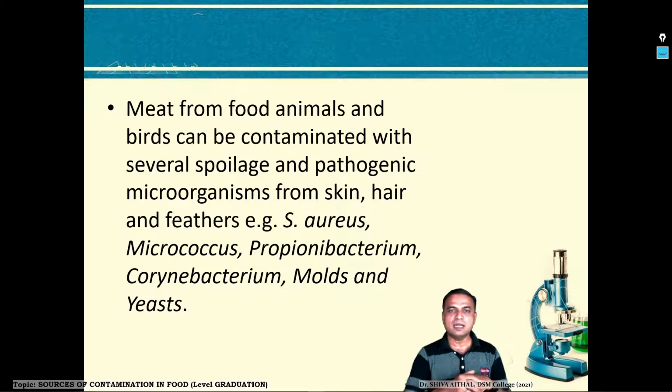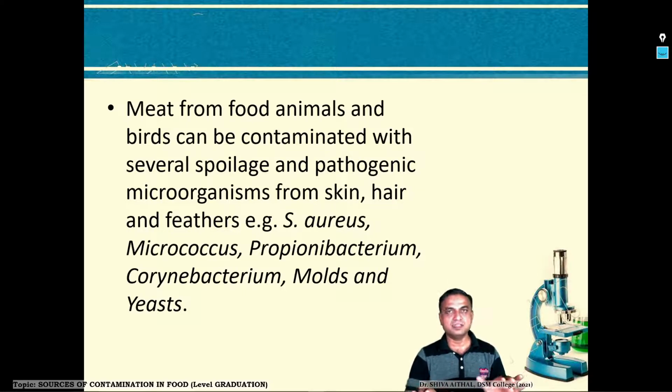Meat from food animals, that is the livestock and the birds or the seafoods, can be contaminated with different types of spoilage and pathogenic microorganisms from various organs or body parts like skin, hair, feathers, etc. And predominantly Staphylococcus aureus, Micrococcus, Propionibacterium, Corynebacterium, molds, pathogenic yeasts like Candida, etc. They can be present and they can be added in the food.